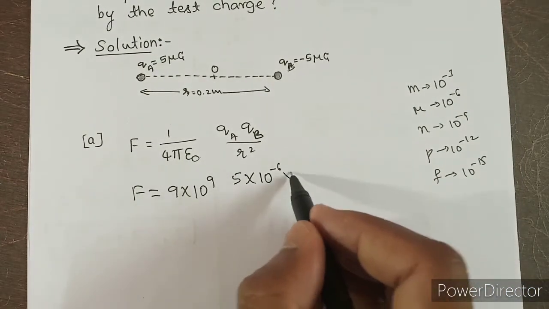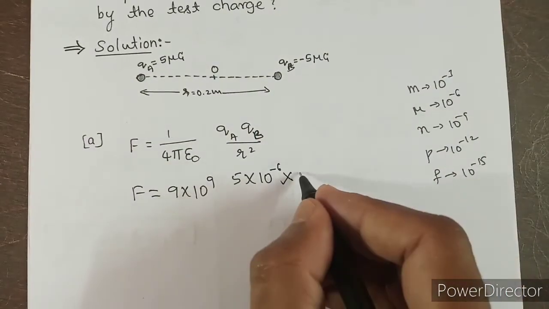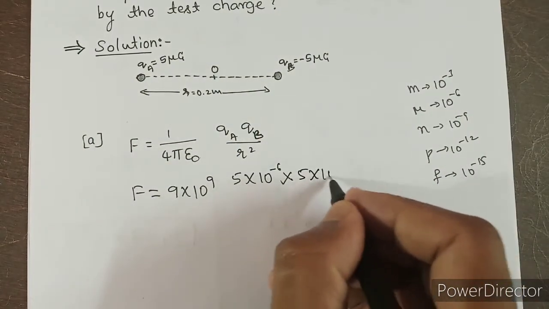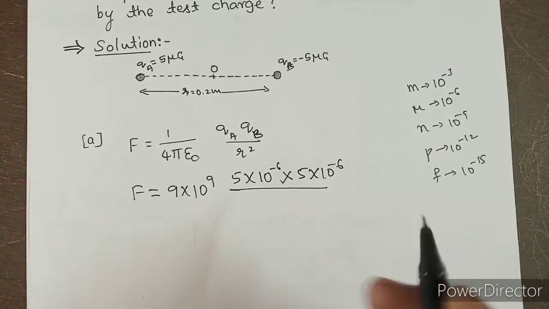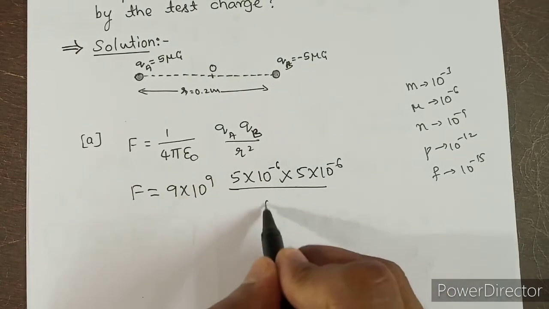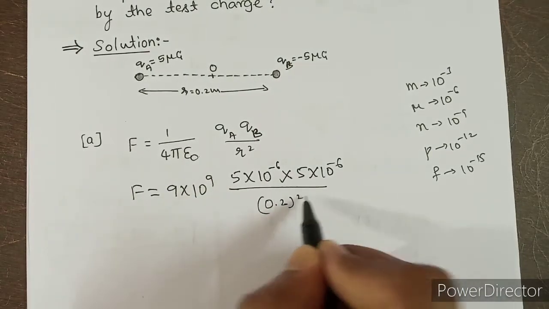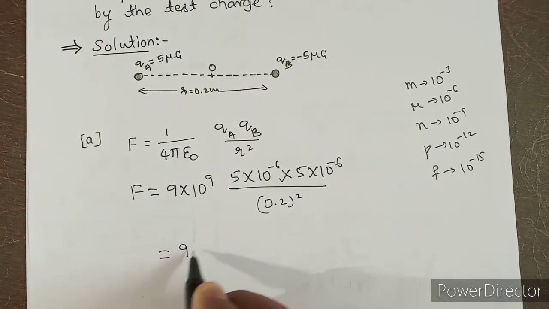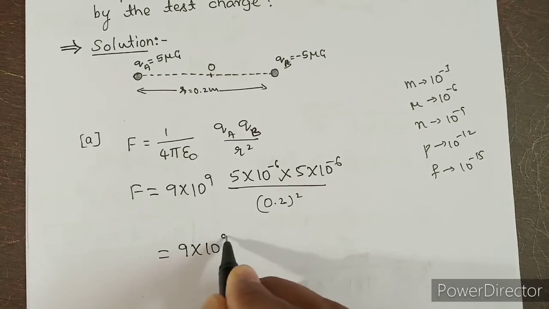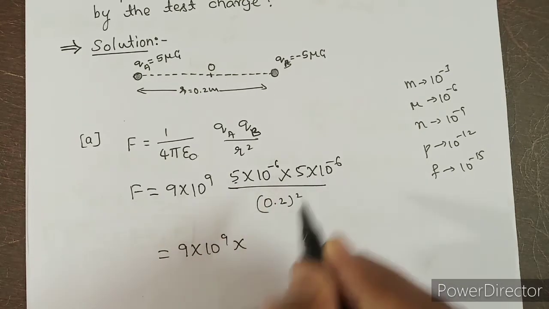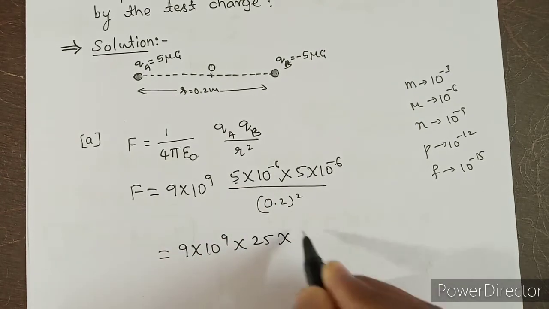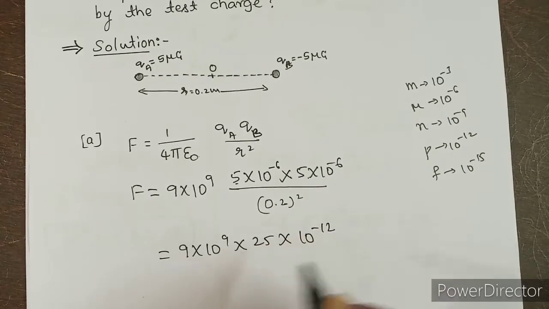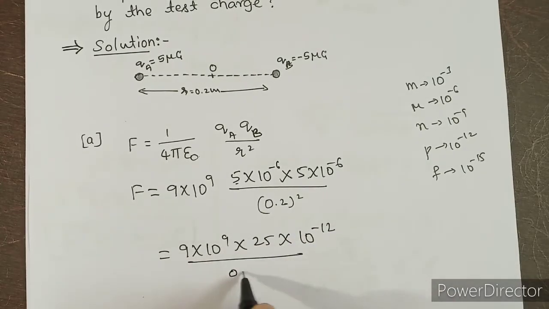So then into Q2, the magnitude of Q2, that is 5 micro, meaning 10 to the power minus 6 coulomb, divided by R square. So R is 0.2 whole square. So this is equal to 9 into 10 to the power 9 into 5 into 5, 25, into 10 to the power minus 12, divided by 0.04, 0.2 square.